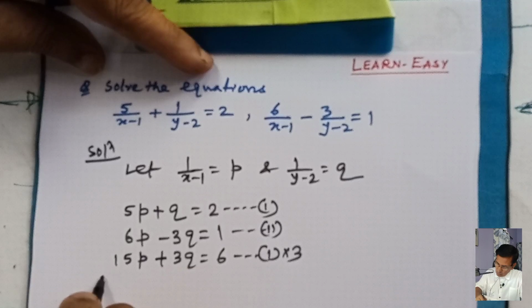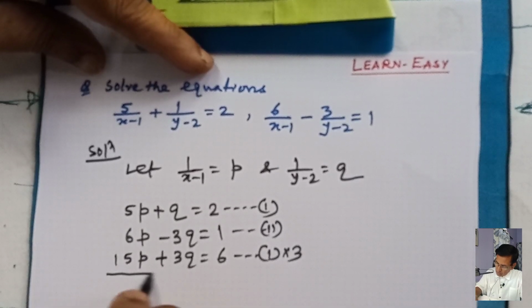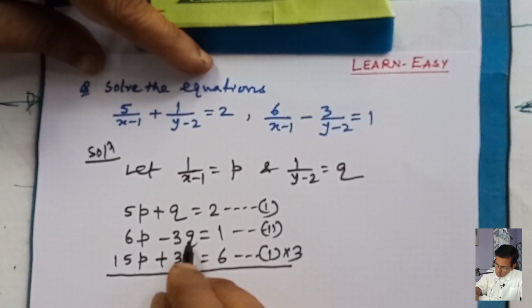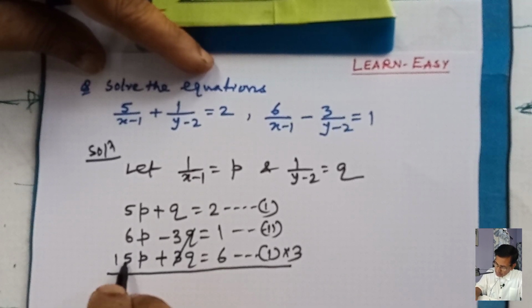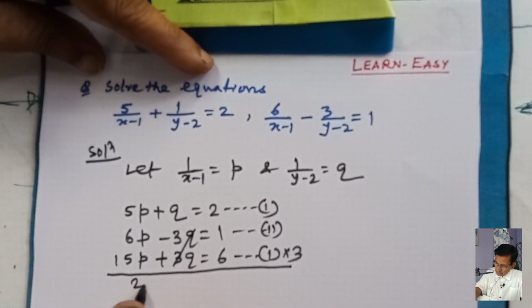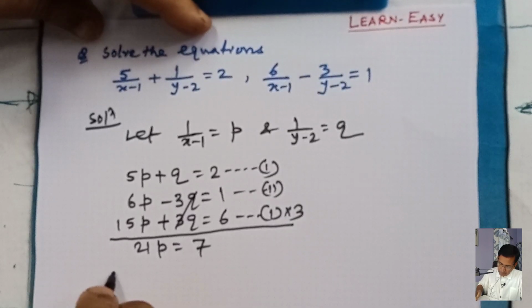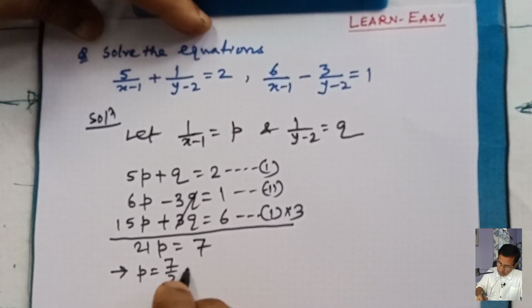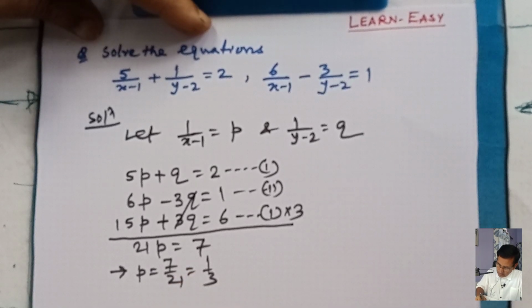Now add these two equations. This will be cancelled. 21p is equal to 7, or p is equal to 7 by 21 is equal to 1/3.